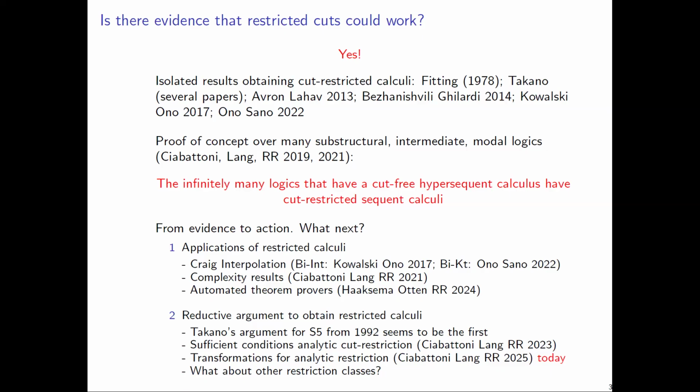That's why I talk about reductive arguments. Kashima has really set the ball rolling here with his work for S5 from '92. And we've shown in several isolated cases how to develop an extended cut elimination or cut restriction algorithm. Our hope is that these give us the ingredients to ultimately give a general cut restriction algorithm.